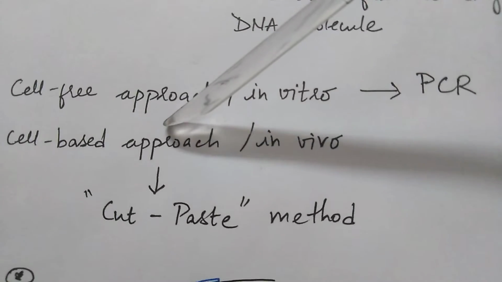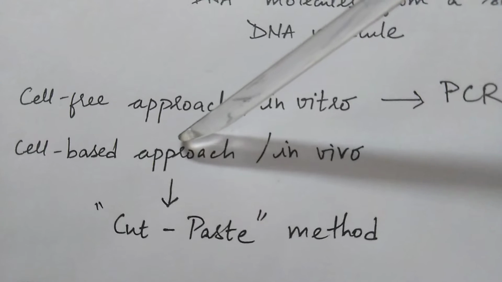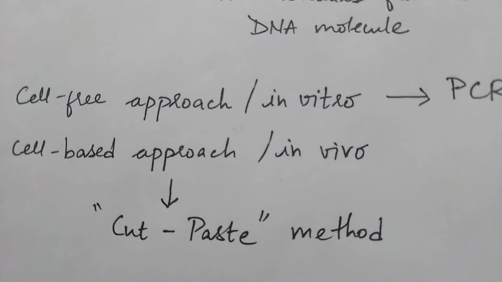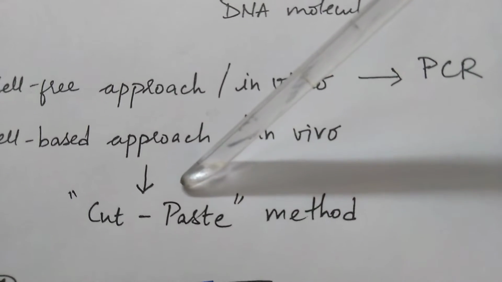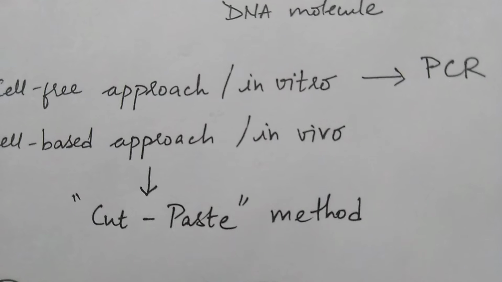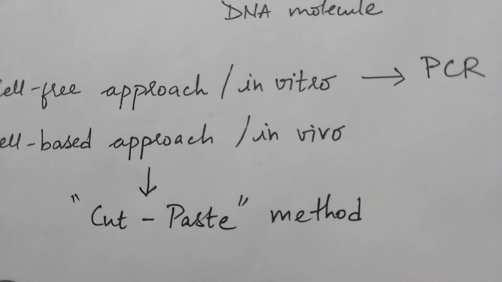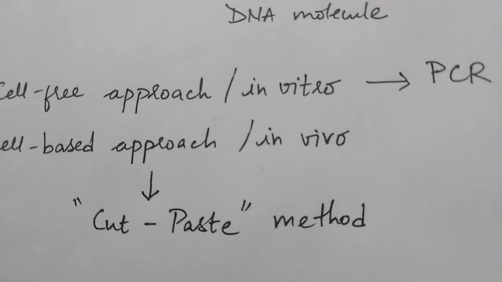Whereas in the cell-based approach, we use living host cells to replicate and form multiple copies of our target gene. The method used is referred to as the cut-paste method. That is because we cut a gene of interest and paste it with the vector and then insert it into the host cells to form multiple copies.